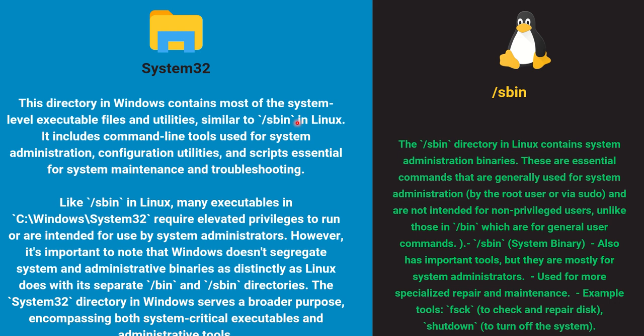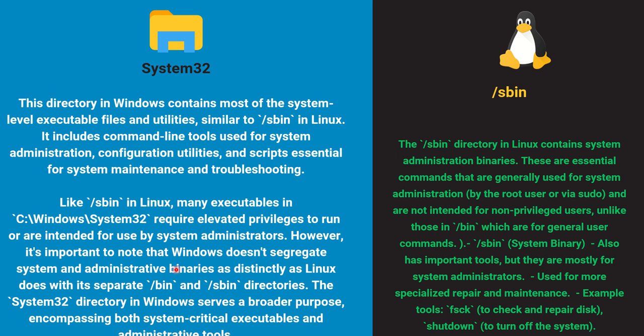In Windows, as I said on the earlier slide, Windows is more tightly packed, and its file system is not as expanded and separated into subdirectories as Linux. So System32 is the most equivalent directory for sbin, which contains the important scripts essential for system maintenance and troubleshooting. Like sbin in Linux, many executables in System32 require elevated privileges.